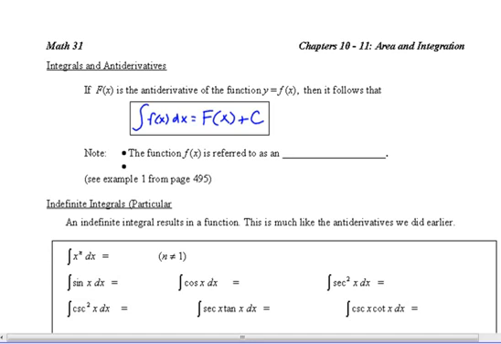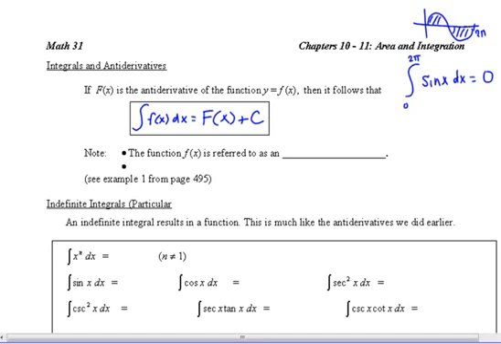So for example, if I looked at the integral from 0 to 2 pi of sine x dx, well, that graph, this is 2 pi, you have some above and some below. So when you evaluate the integral, it equals 0 because the amount above and the amount below cancel each other out. So it doesn't always represent area.